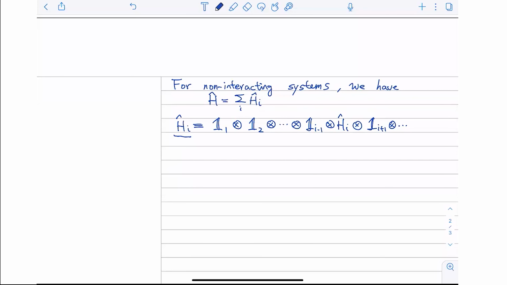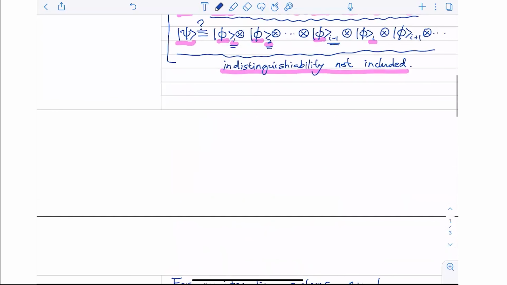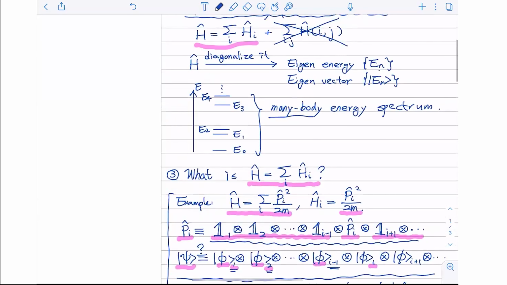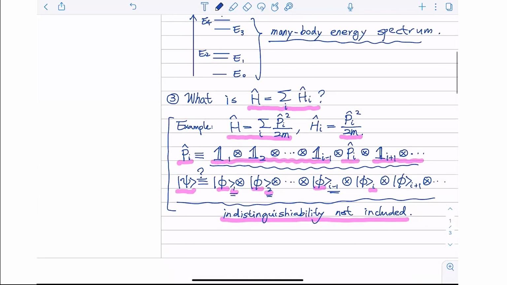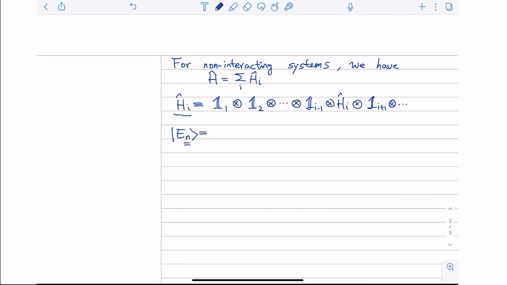And if we try to write down the eigenstate of our total Hamiltonian, where this n is the index for the many-body energy spectrum, we are trying to ask how to express it. A very intuitive idea is that maybe the first particle is sitting at some energy of the first Hamiltonian at energy E_n1.